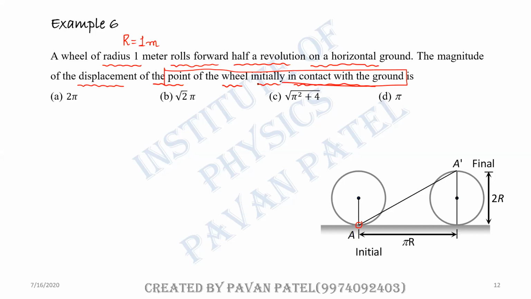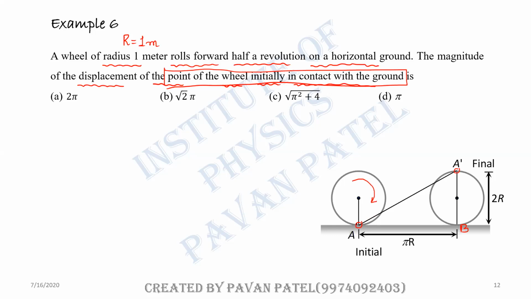After the revolution on the horizontal surface, that point reaches the A dash point. And this distance AB is pi r, which is half of the circle, and BA' is 2r. This is the initial position and this is the final position.